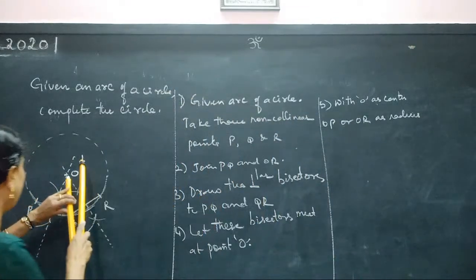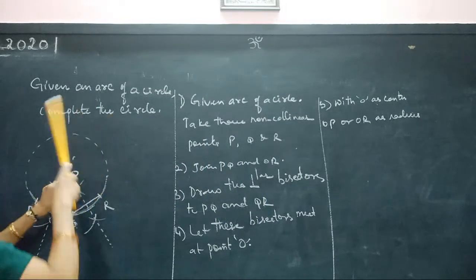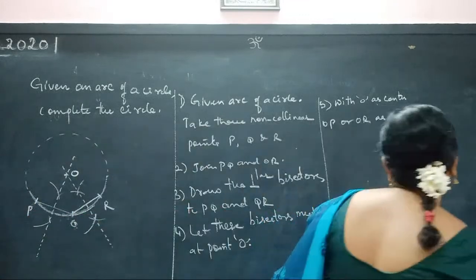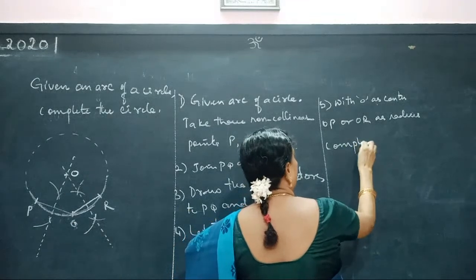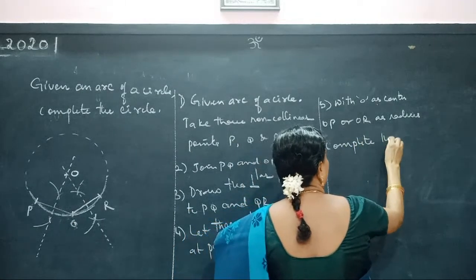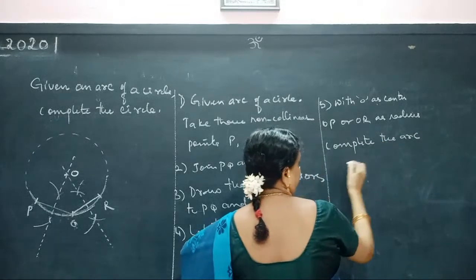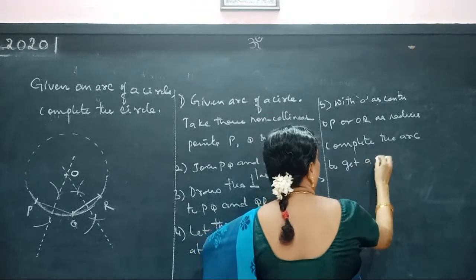We just completed the circle, right? With radius, complete the arc to get a circle.